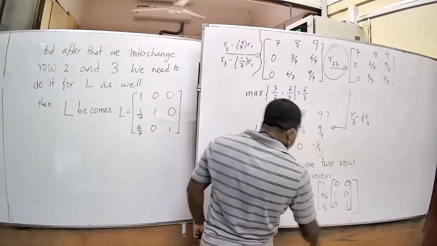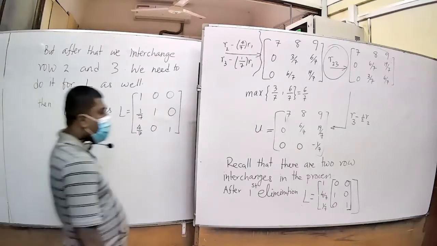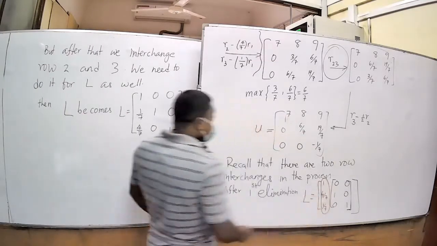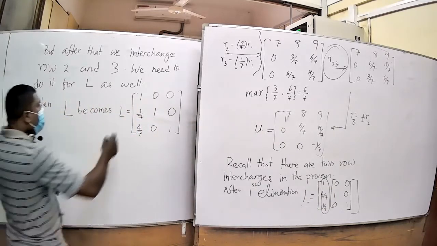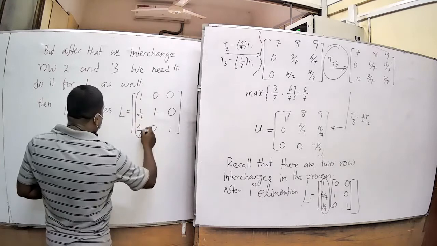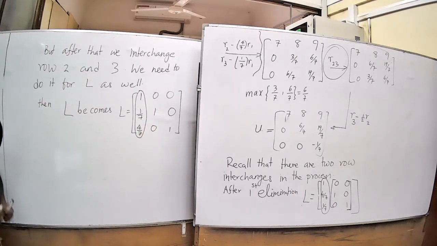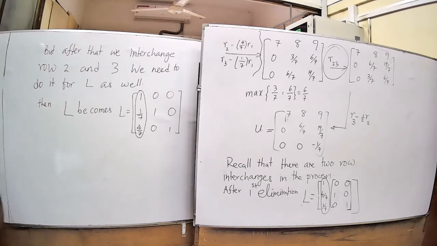Only the first column is important. So whenever you apply the row interchange to A, you may need to do the row interchange for the first column of L, because after the first step you are doing this. So after the first step you have to do the row interchange for the first column.